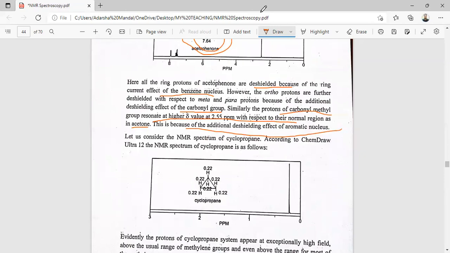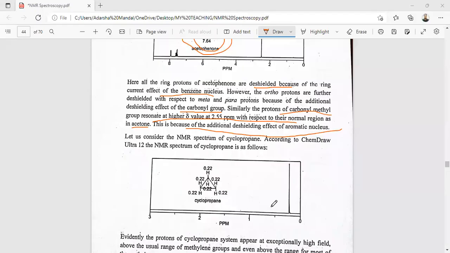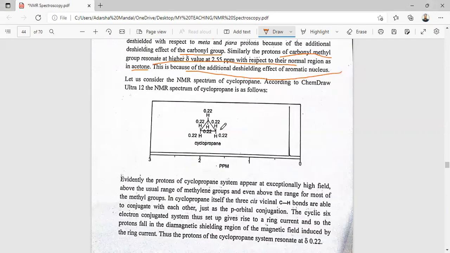So now consider the NMR spectrum of cyclopropane.